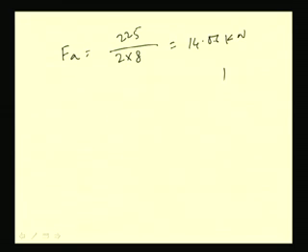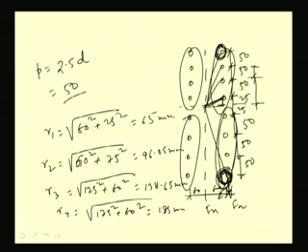So, one is F A and this is F M. Now, we have to find out the angle between these two. Theta can be found from this figure.